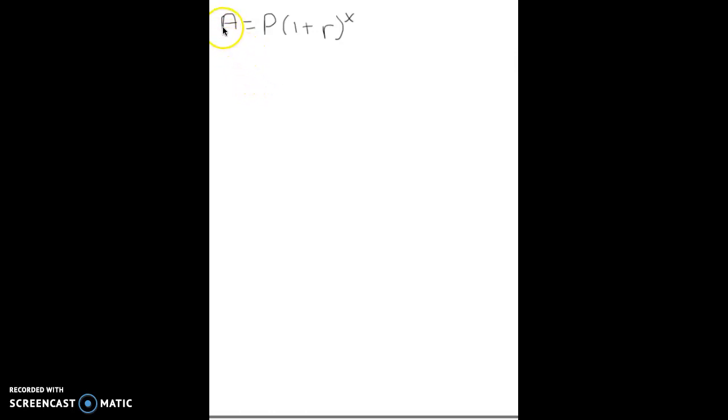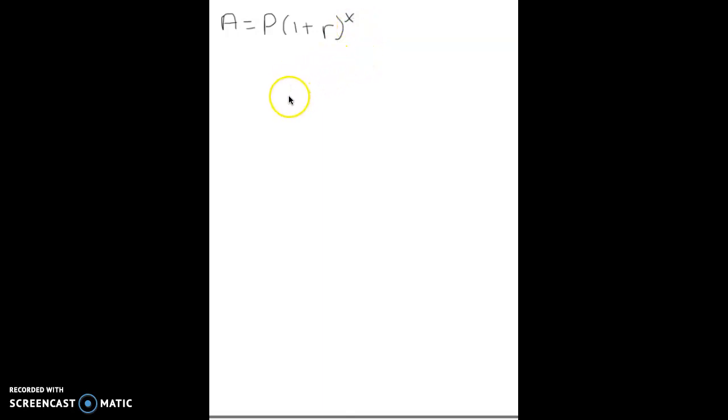Okay, so you've got this formula, and it's all about the actual account balance. This A is the overall account balance, will be equal to the principal amount, whatever you start with, times 1 plus r. Now this r, of course, is rate, but then it gets some changes. We've got to take into consideration some changes. And then x, the exponent, will be the number of times that it'll compound.